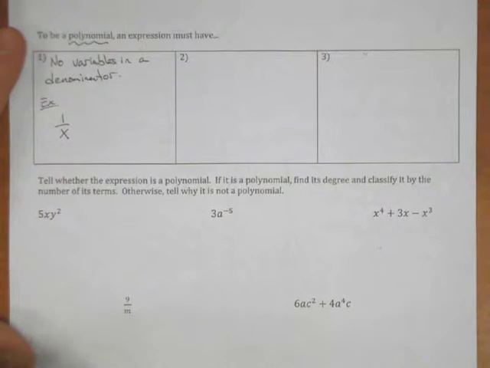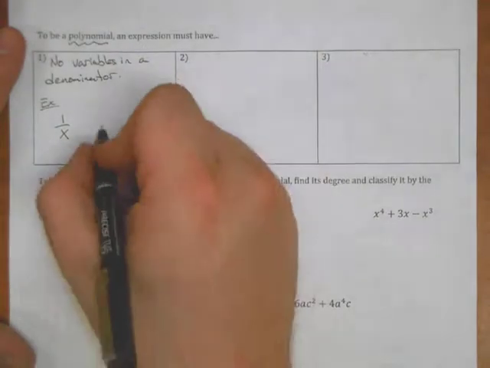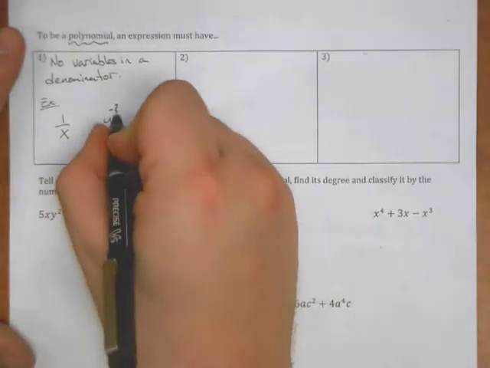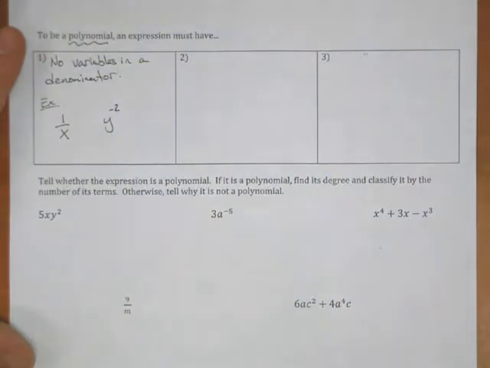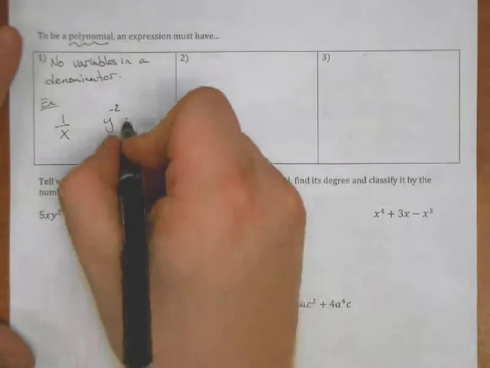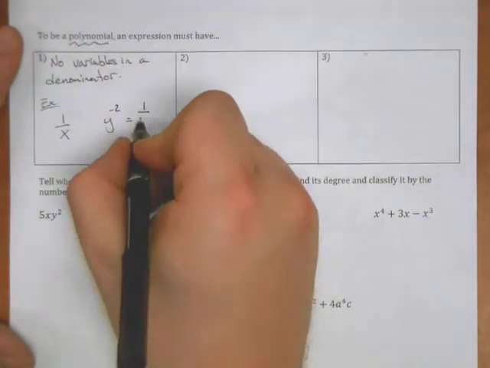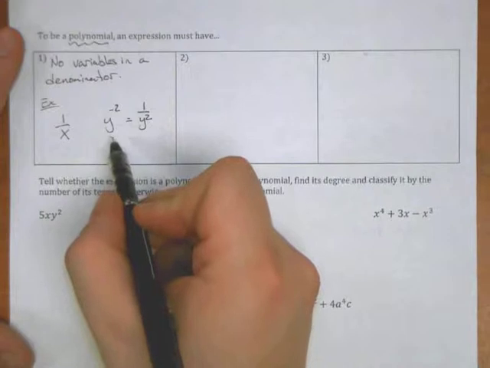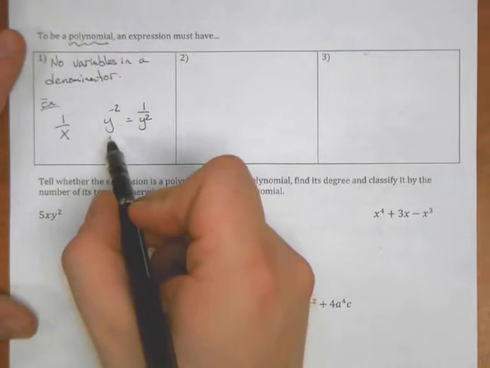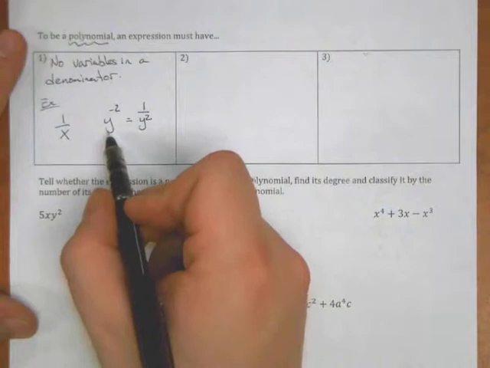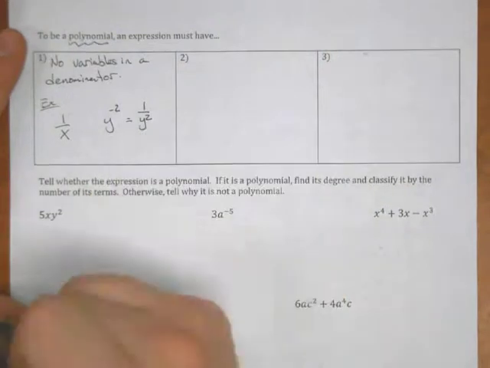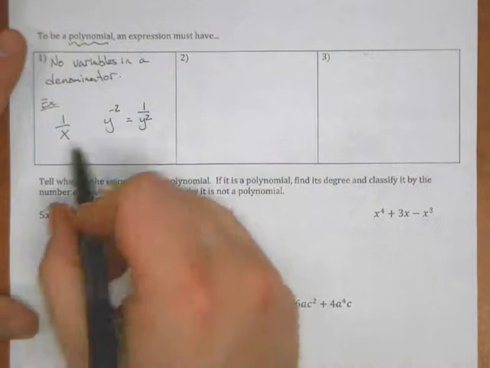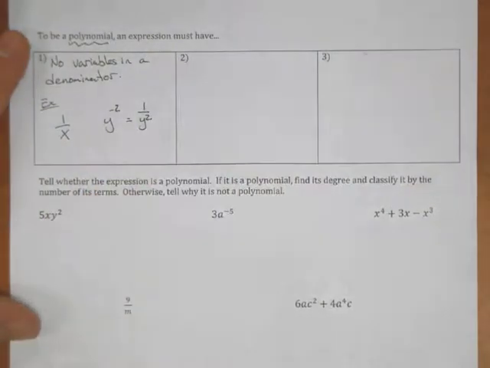Another way to be sneaky and try to trick you would be to use a negative exponent, because from last chapter, chapter 8, we discovered that negative exponents mean flip and make the exponent positive. So this is a covert, secret way to turn a variable that looks like it might be a polynomial into something that's not. Both of these are examples of not polynomials.